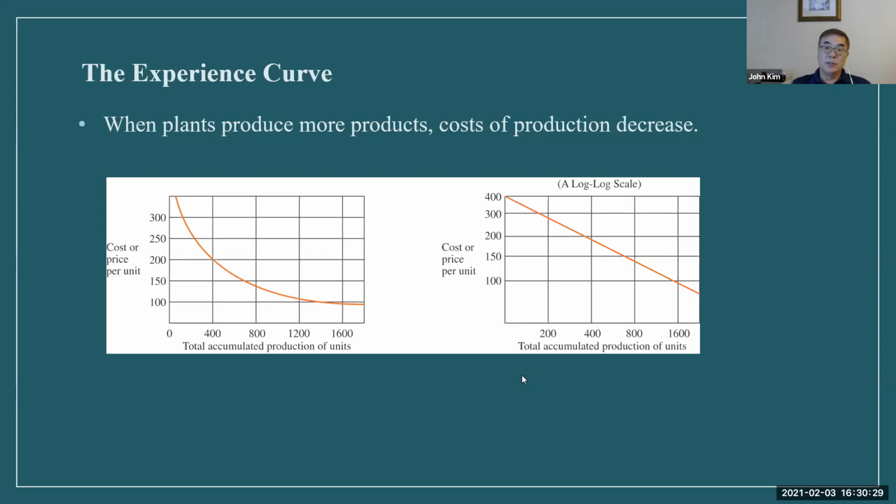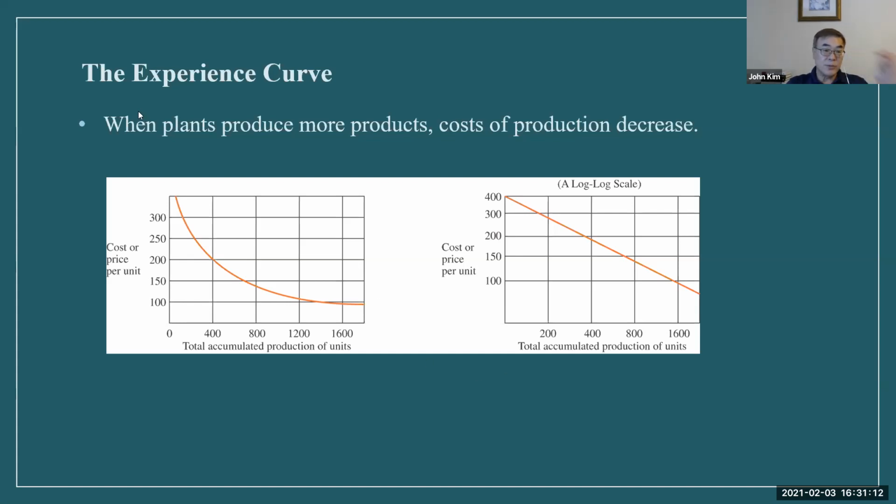Experience curve. You know, when we do something or go somewhere the first time, we don't know how to do it or how to get there. So sometimes we make a mistake and it takes long. But next time we do the same job, or go somewhere again, then we know, so it takes shorter than the first time because we learned from before.